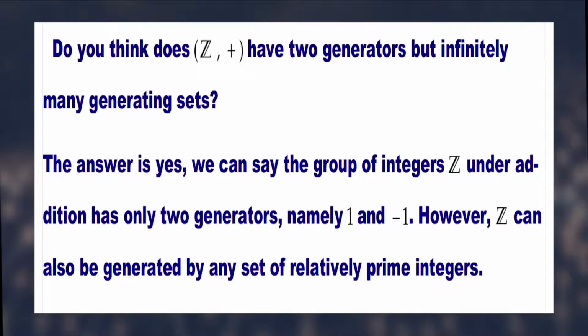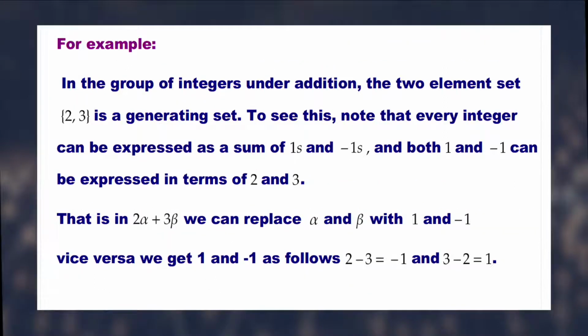Let's have a small discussion about the group of integers under addition and its generating sets. Do you think Z under addition has two generators but infinitely many generating sets? The answer is yes. We can say the group of integers Z under addition has only two generators, namely 1 and -1. However, Z can also be generated by any set of relatively prime integers. For example, in the group of integers under addition, the two-element set {2, 3} is a generating set.